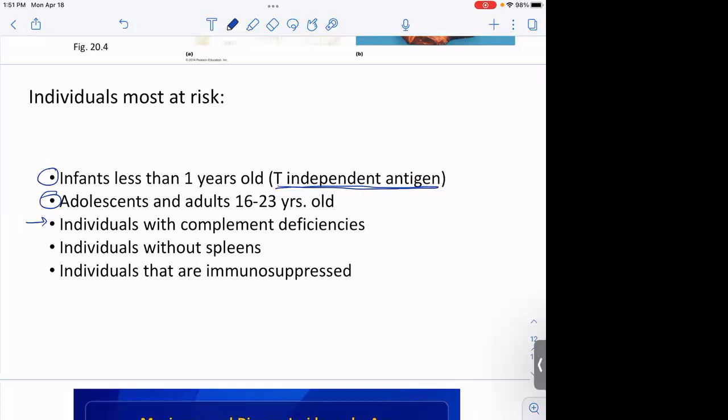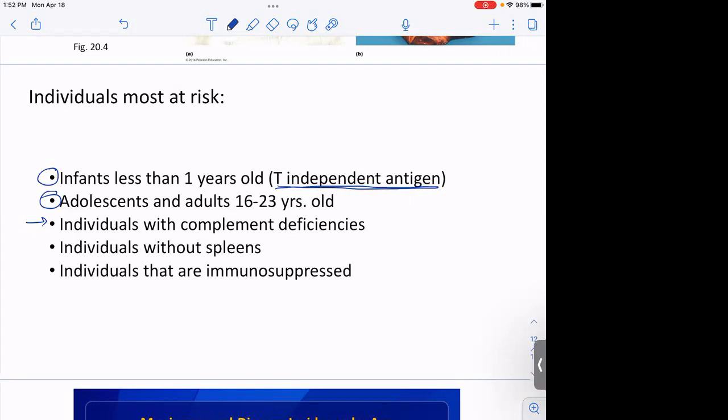But anybody that's healthy can come down with this. It's not just an opportunistic pathogen. Individuals that don't have spleens are more at risk for bacterial infections in general, and of course anybody that's immunocompromised. That's just kind of a catch-all.